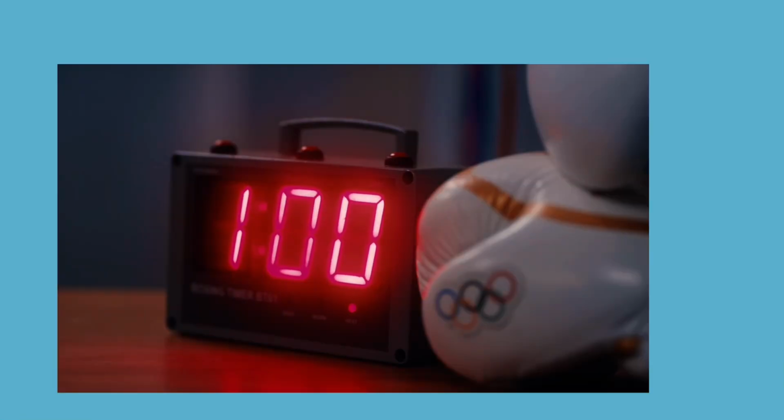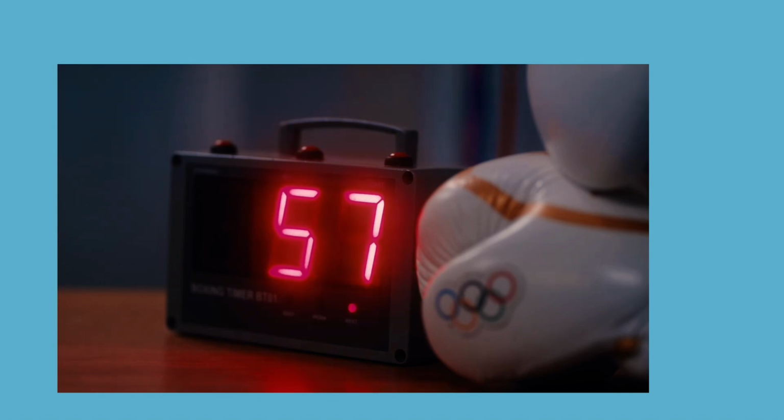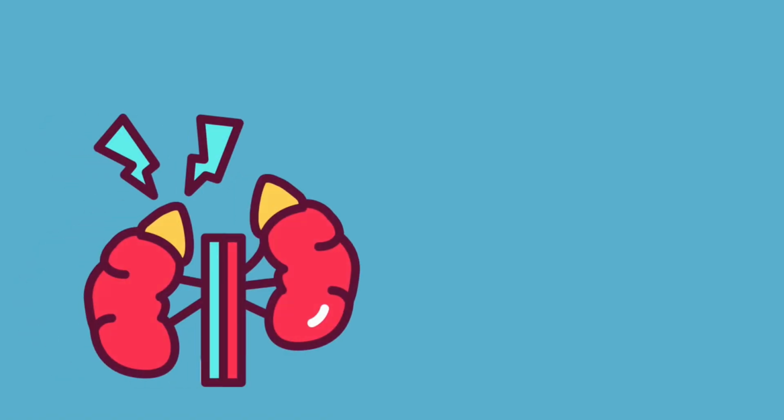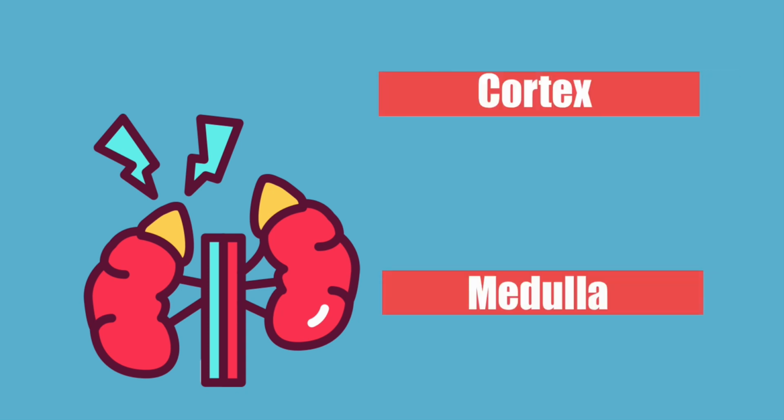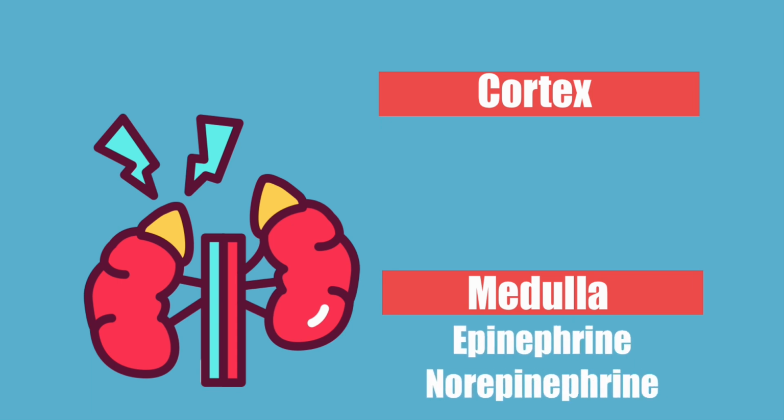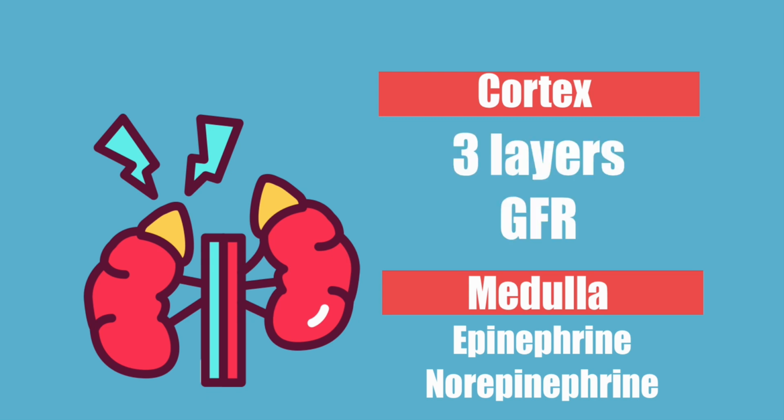So now let us take 1 minute to revise the normal physiology of our body and try to understand where all these corticosteroids come from. On top of the kidneys we have the adrenal gland. The adrenal gland consists of cortex and medulla. The medulla makes epinephrine and norepinephrine, which we hardly care about in this video. And the cortex consists of three layers, which we are all aware of.